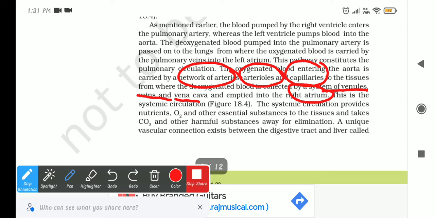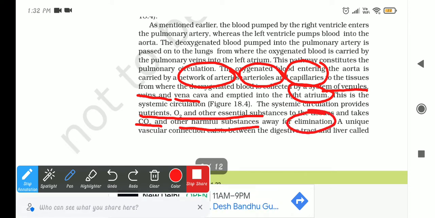This is the systemic circulation. That's how the system provides nutrients, O2 and other essential substances to the tissues, and takes out the CO2 and other harmful or toxic substances for elimination.